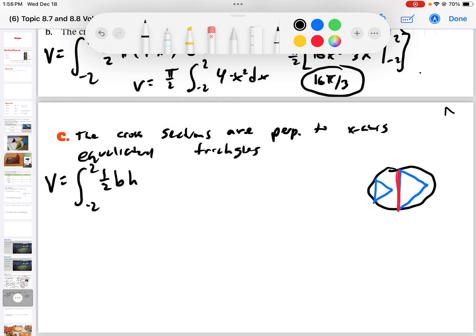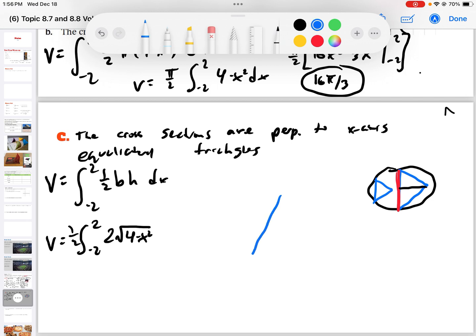So we know the base. I'm going to write it in just so it feels like I'm being productive. I might take that 1/2 out also. The base would be, what do we get? 2 square root of 4 minus x squared. And then the height is going to be that distance, which is what we did as part of the problem last time.